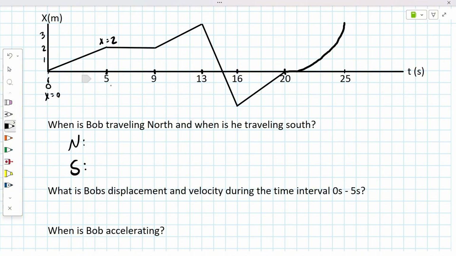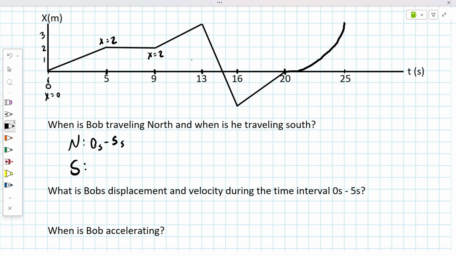So that means during this first interval from 0 seconds to 5 seconds, Bob is traveling north. Alright, now let's look at this next chunk from 5 to 9. We see that at 5 he's at position 2, and at 9 he's at x position 2 as well. During this whole time, his position is constant, so he's not traveling north or south here.